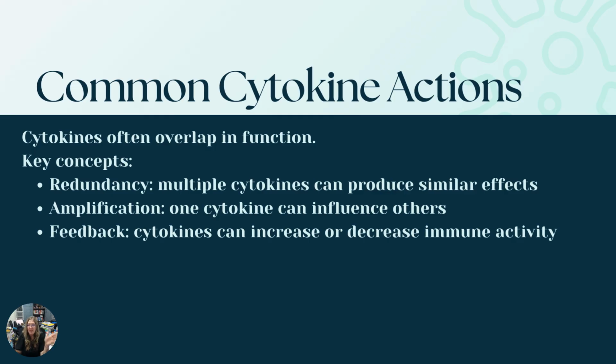Cytokine signaling can increase a response, but it can also suppress or regulate it as well. That's part of why immune responses are so complex. It isn't one molecule turning one switch on or off. Again, it's that network of interacting signals.